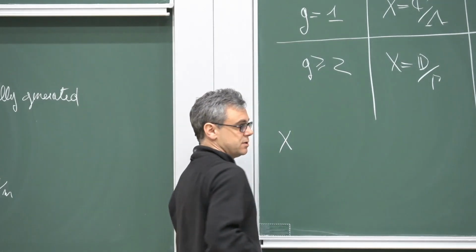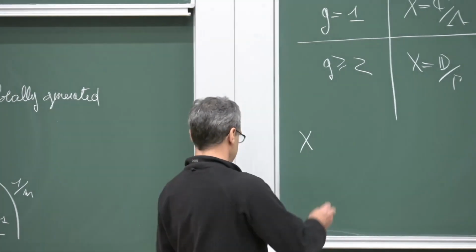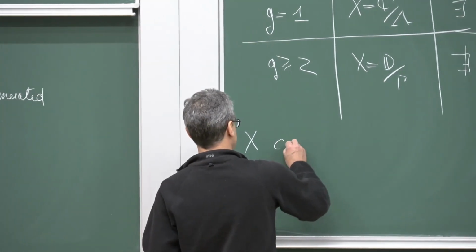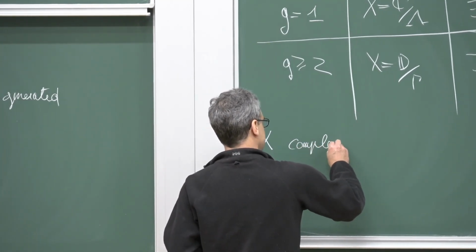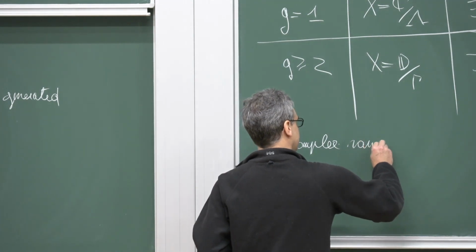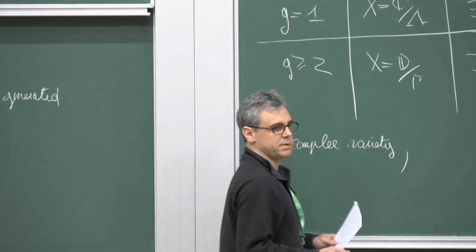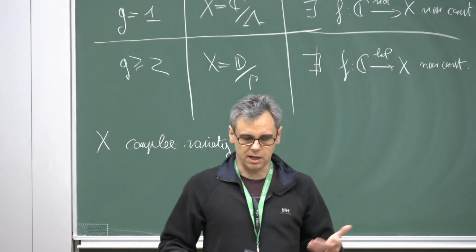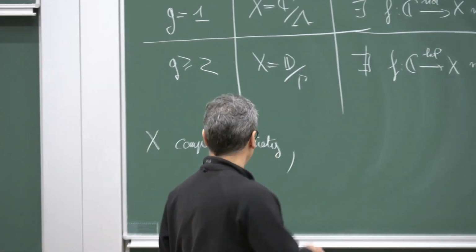And so more generally, I will use the following notion. So if X is a complex variety, not to repeat each time holomorphic non-constant, I will call that an entire curve. Okay?